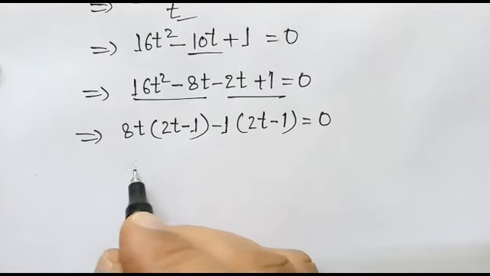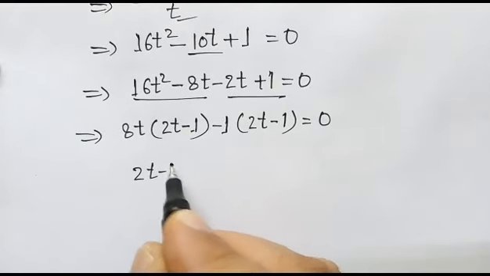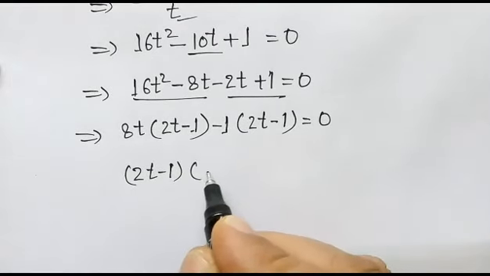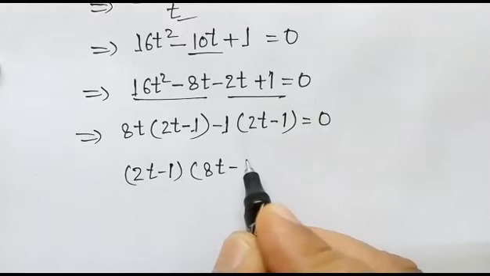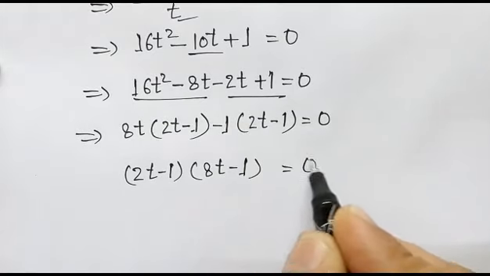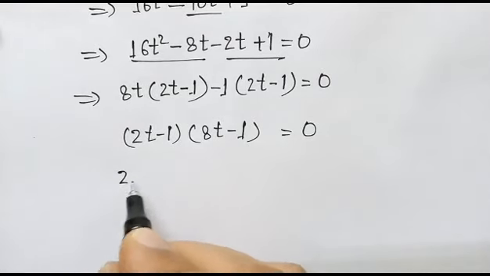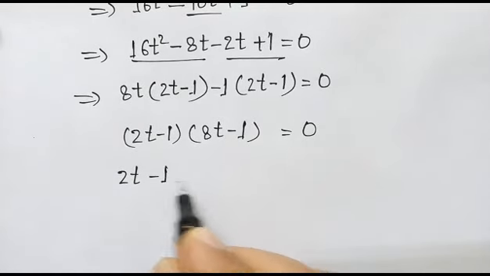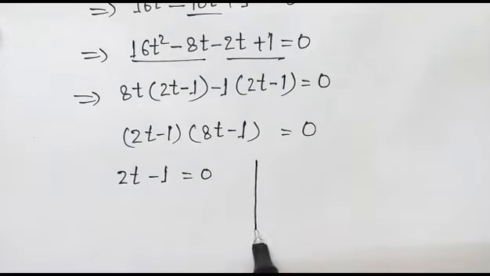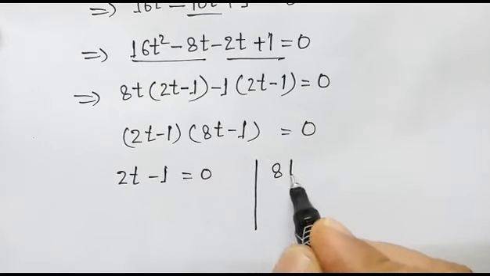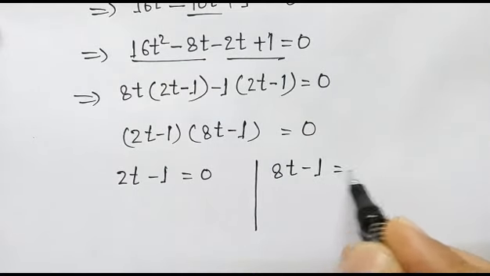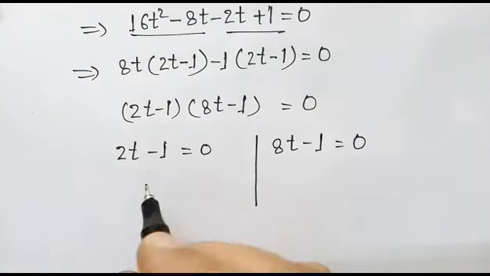Now we have factors as 2t minus 1 and 8t minus 1 is equal to 0, right? Now we have two cases, 2t minus 1 is equal to 0 and 8t minus 1 is equal to 0, right?